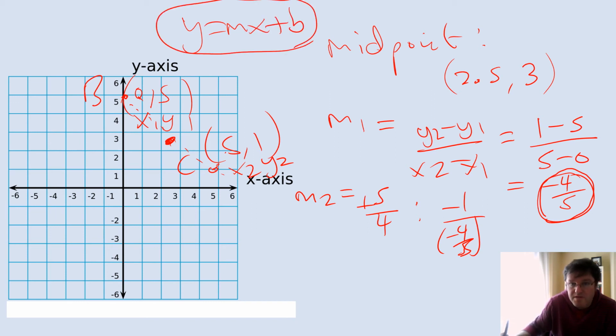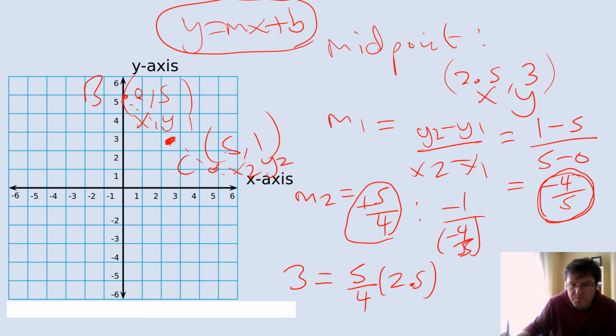Okay, so thinking about the equation of a line, let's drop these values in. So there's my xy. So I got 3 equals this slope, because I'm finding the perpendicular line, times the x value 2.5. Oops, that's an ugly mix of decimal fractions there. Let's just turn that decimal back into 5/2, shall we?